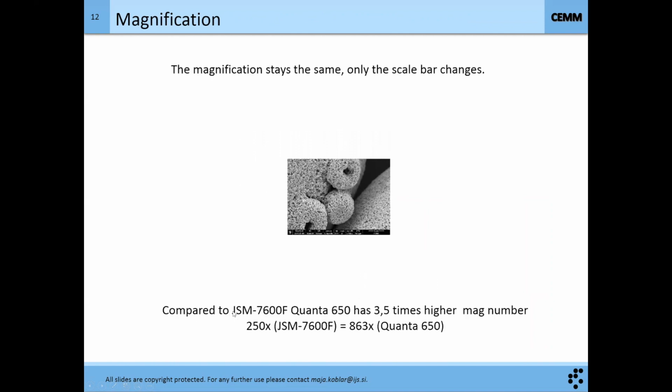So if you compare the 7600F and Quanta, Quanta has a 3.5 times higher mag number, but that doesn't mean it's the same. So you have a conversion that you need to be aware of.